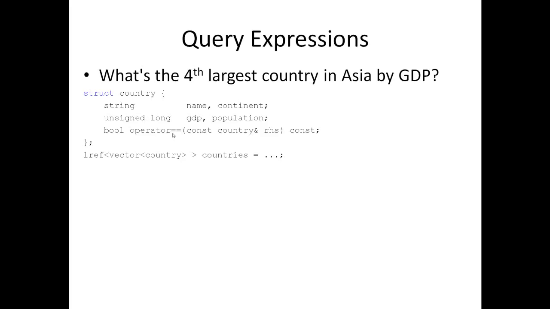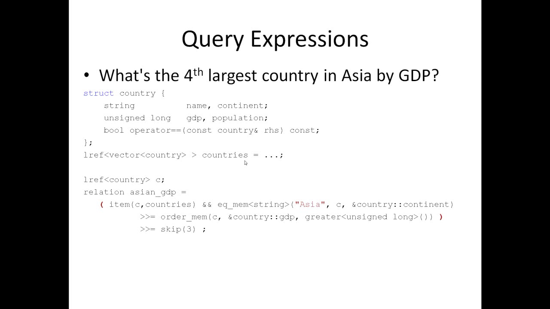The default compiler-generated assignment operator in this case is sufficient for our purposes, but we do need an explicit equality operator. So assuming the data for all the countries is loaded in this vector countries, then we are ready to express our expression. So here's the query expression.